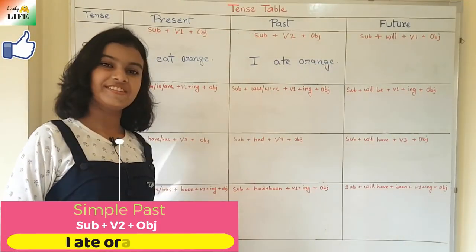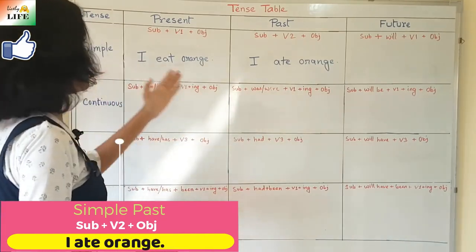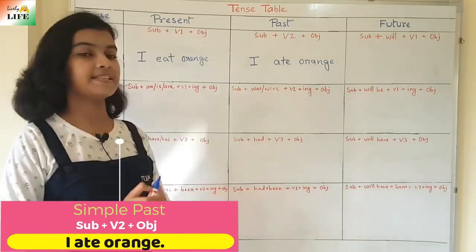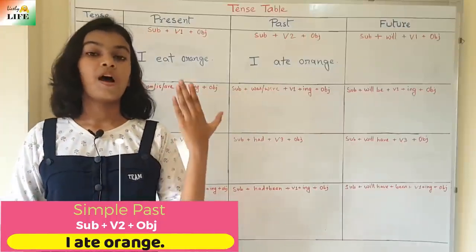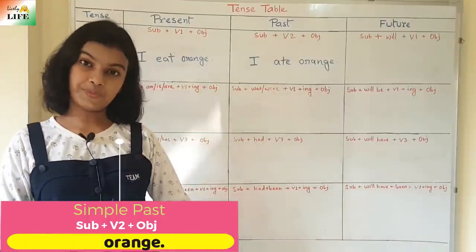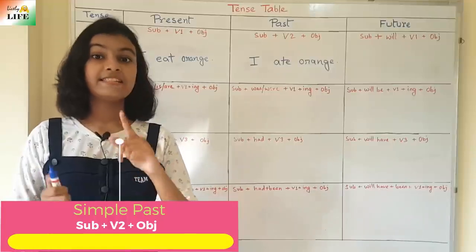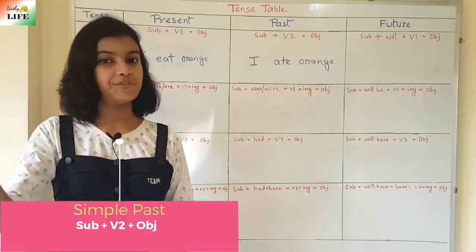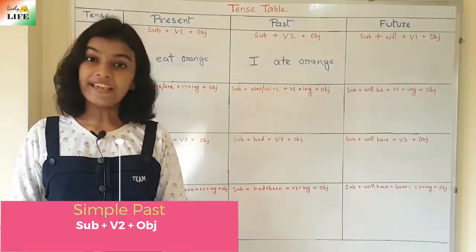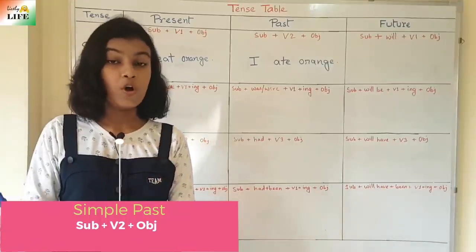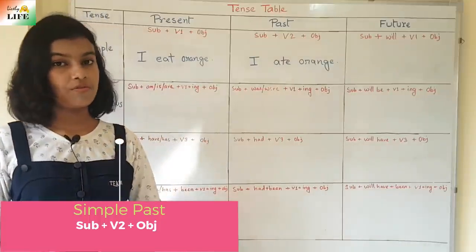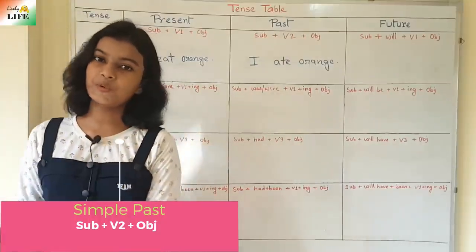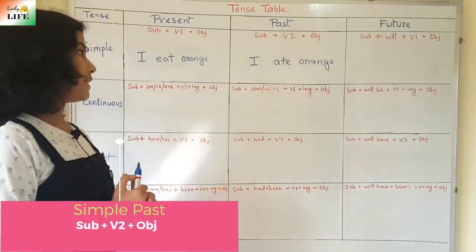I ate orange. This sentence is a simple past tense. Some other examples of simple past tense are I played football. Played is the second form of verb of play. I went to school. Went is the second form of verb of go. So these are some examples.